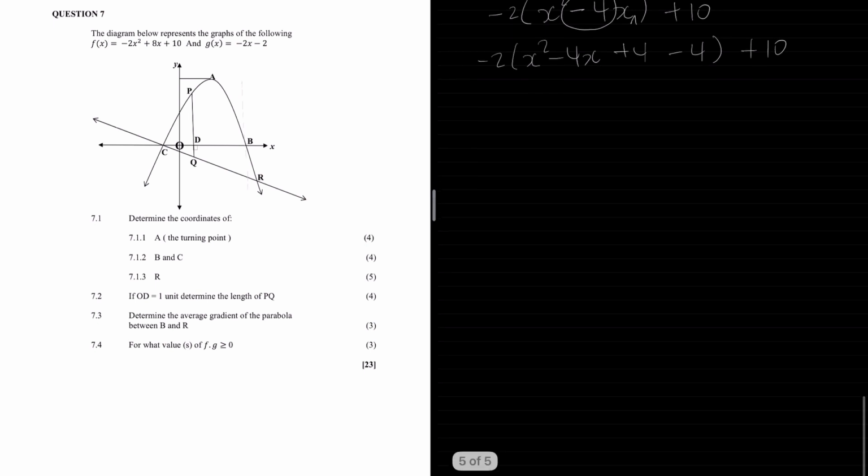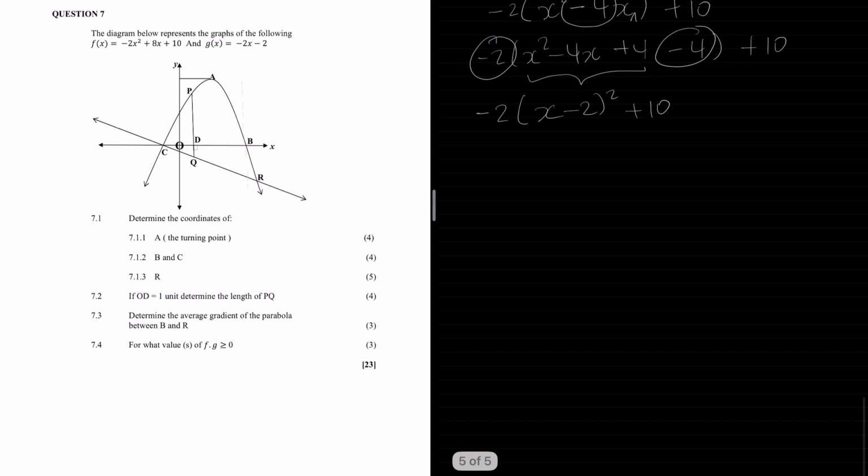So negative 2 into x squared minus 4x, and then half of negative 4 is negative 2, and then negative 2 squared is 4. So you'll add 4, you'll subtract 4, and then you'll add the 10 outside.